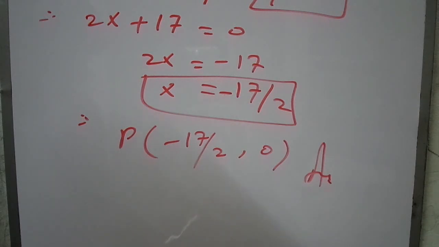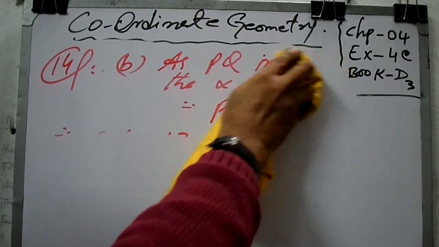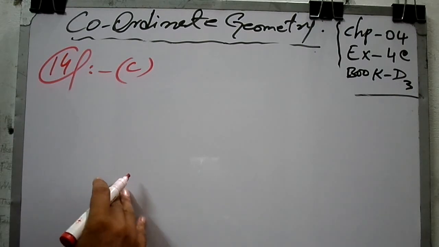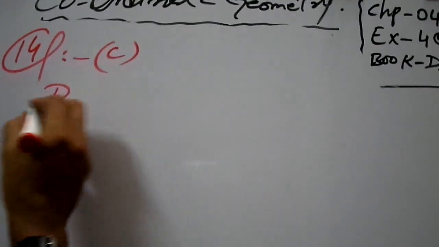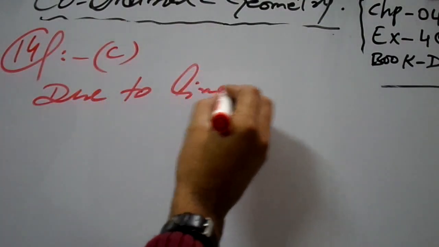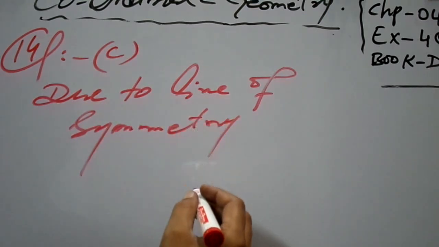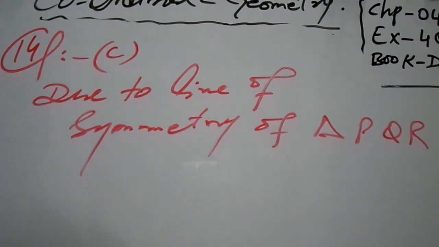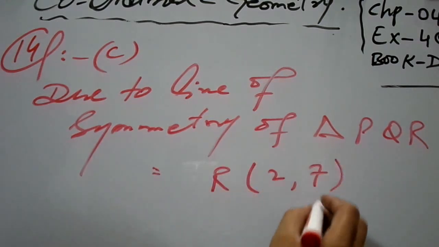Now C, the line y is equal to 5 is the line of symmetry of triangle PQR. Find the coordinates of R. Okay, find the coordinates of R. In C part, due to the line of symmetry of triangle PQR, therefore R is equal to 2 and 7.